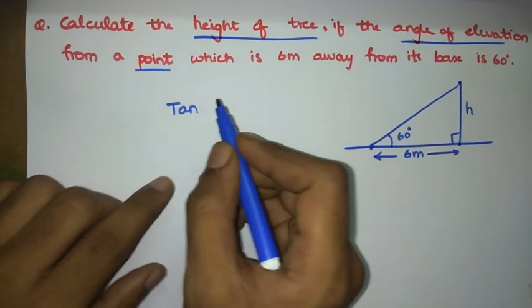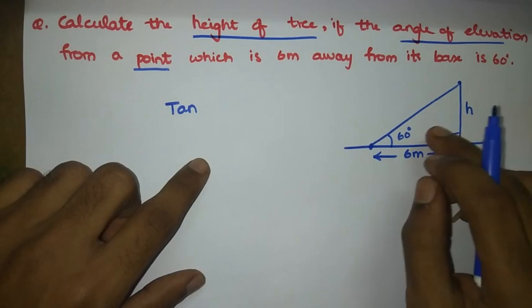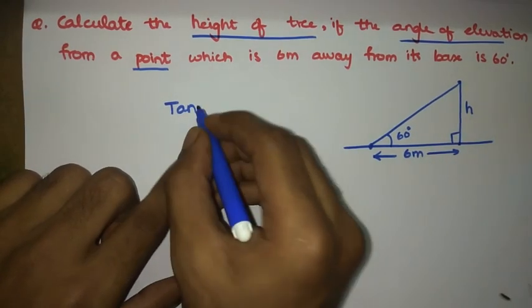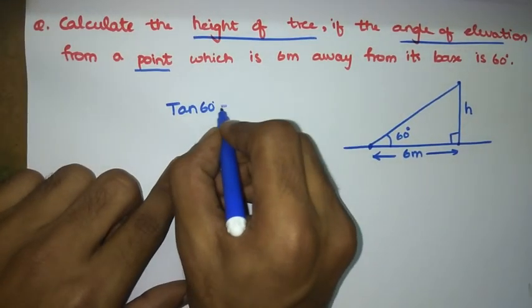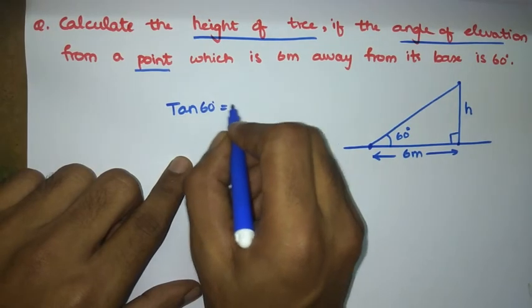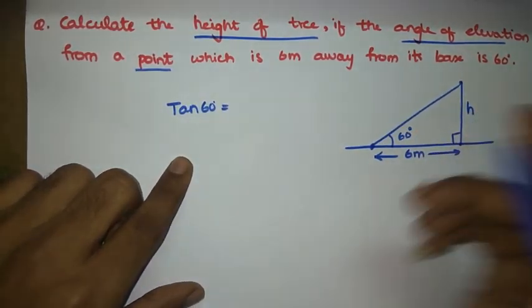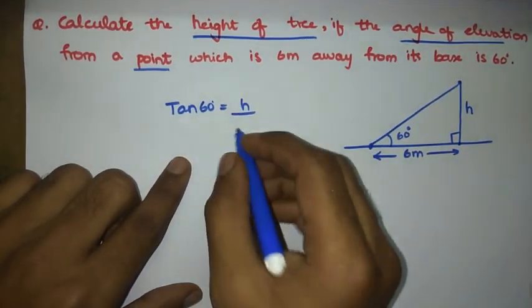Tan gives the ratio between the opposite side to 60 and the adjacent side to 60. Because it is 60 here, I'm writing 60 degrees. So tan 60 equals the side opposite to 60, which is h, by the adjacent side to 60, which is 6 meters, so it is 6.